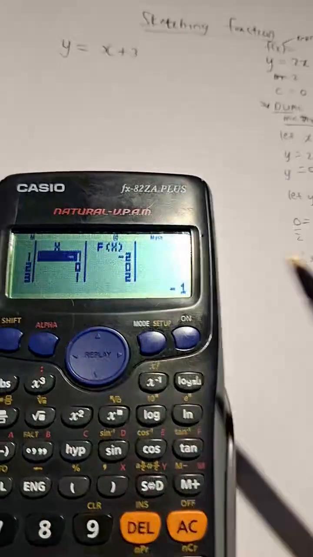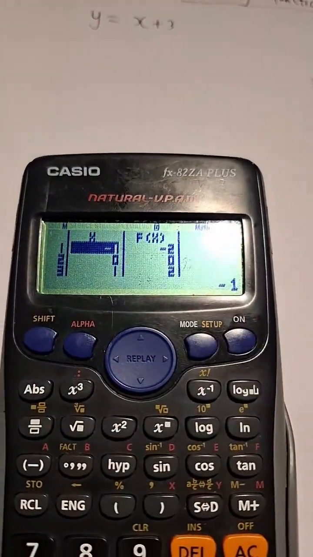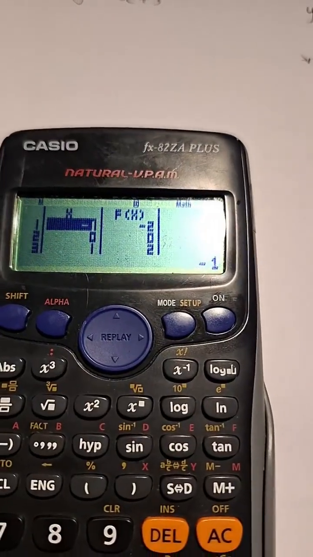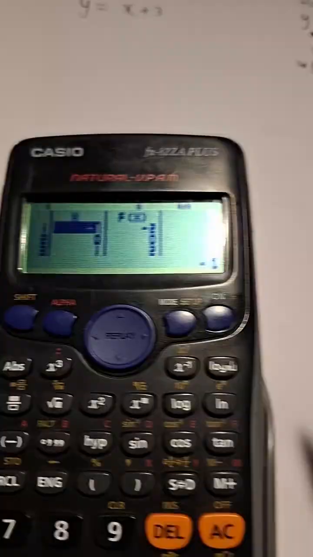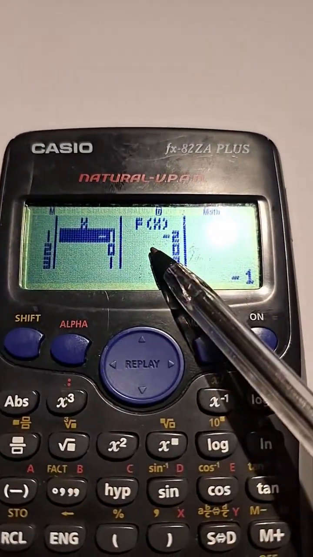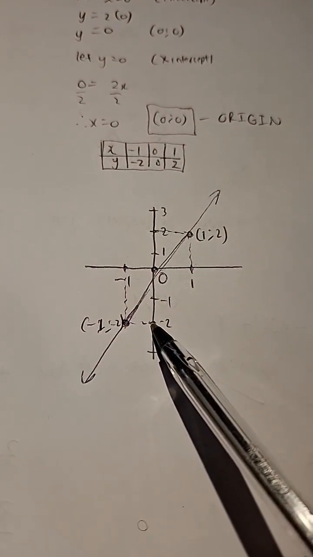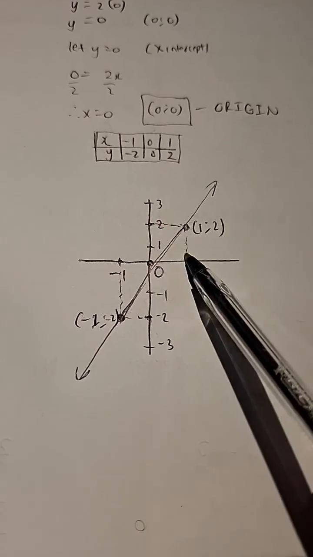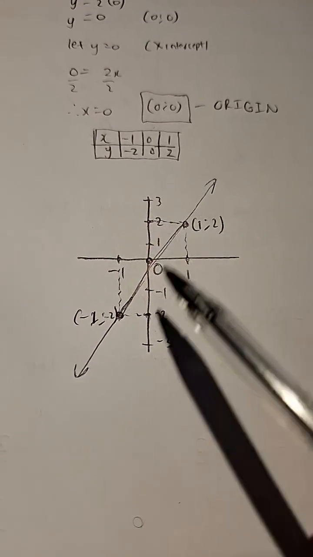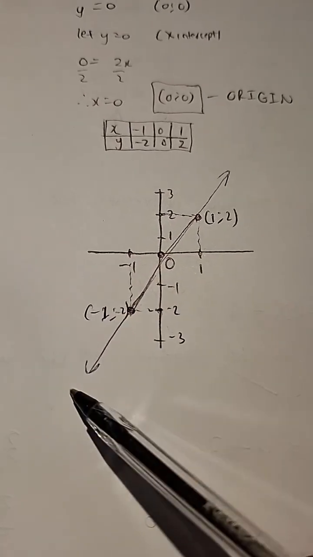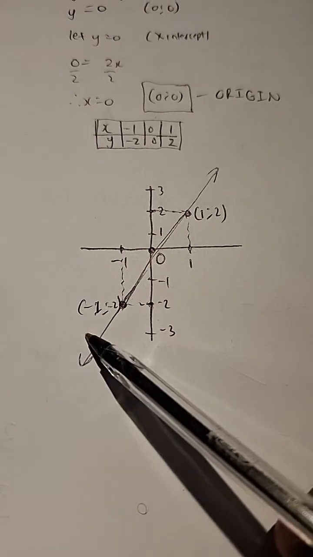We simply use the table method in a calculator so that it's easier to do. We don't have to substitute and get the answers. We get the corresponding y value that's -2, and the corresponding y value when x is 1, that is +2, and then we locate the points and sketch our straight line function.